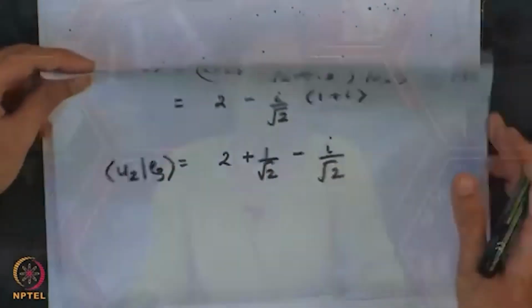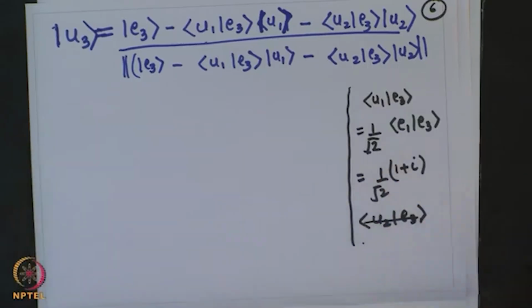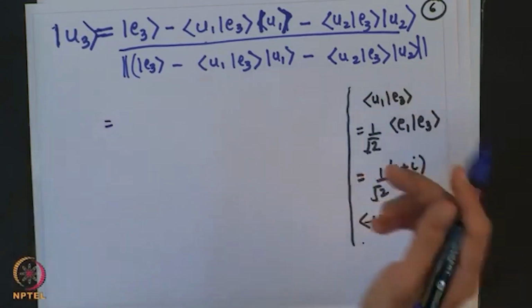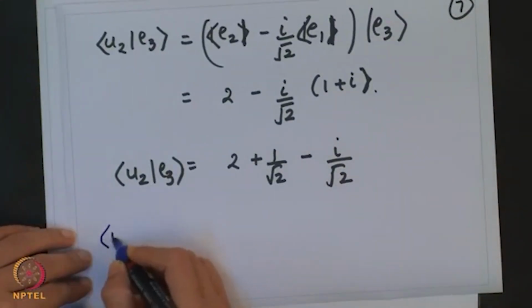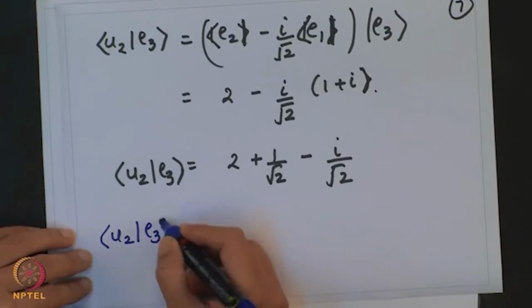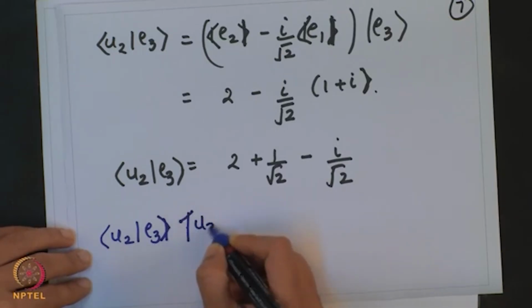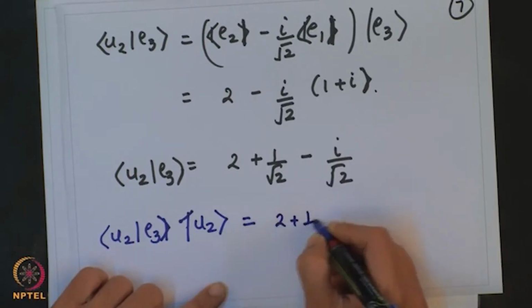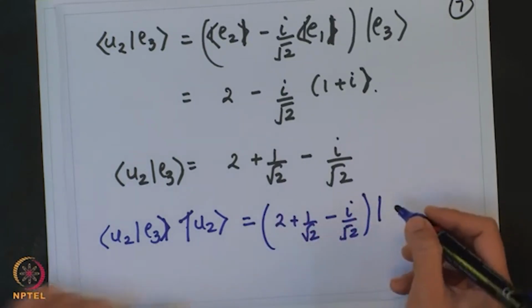Okay. So, this I will substitute in this expression. So, let us write this. U2 on E3 we have calculated, and let me explicitly write this here, this will be the expression 2 plus 1 by root 2 minus I by root 2, this will be the expression on U2.